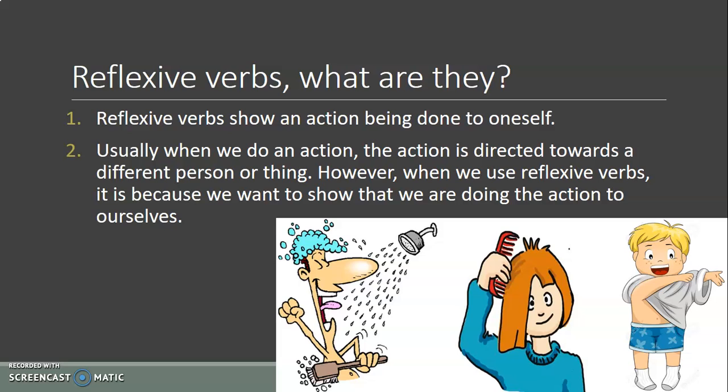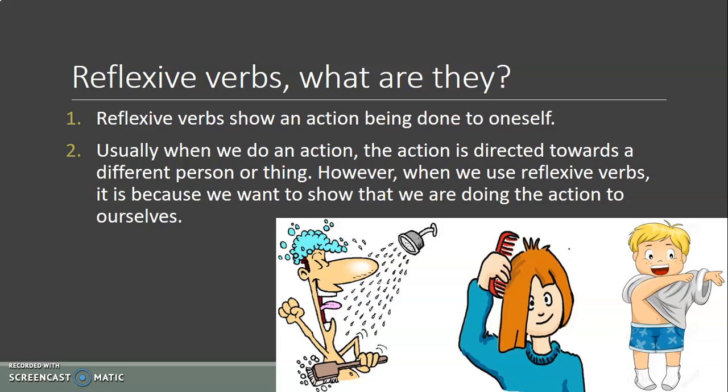But what about when we are the objects of our own actions? When we are the ones who benefit or who are affected by our own actions? For example, if I am bathing myself, I'm the one who is being affected by the action. I'm not bathing anyone else, I'm bathing myself. What about if I'm combing my hair? I'm the one who's going to be affected by that action, right? Not anyone else.